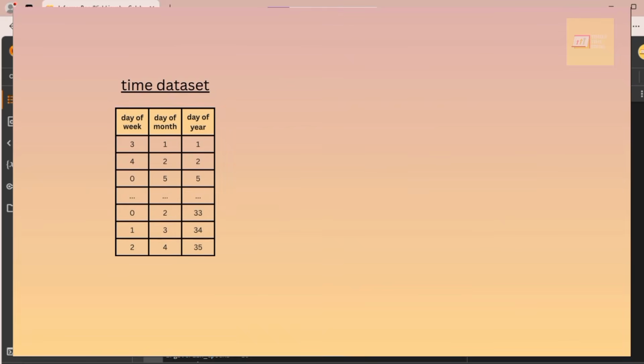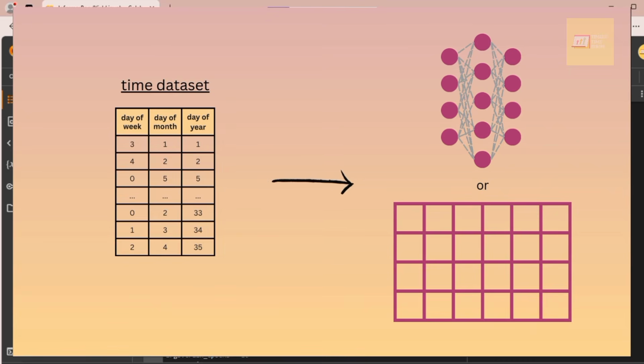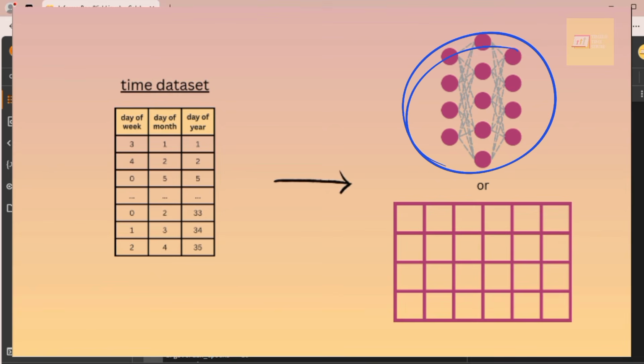So the output of this little pre-processing is a timestamp dataset of 3 columns. Now, with timeF embedding, they will use this timestamp dataset and throw it into a dense layer, or practically a linear layer, and they will learn the relation between these columns using the fully connected network.